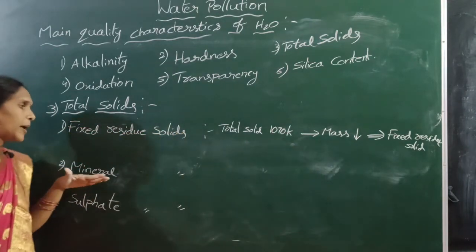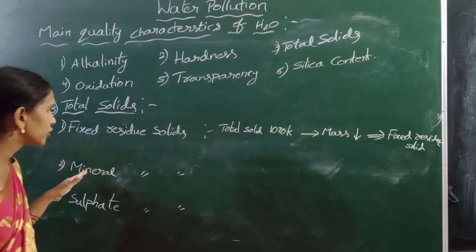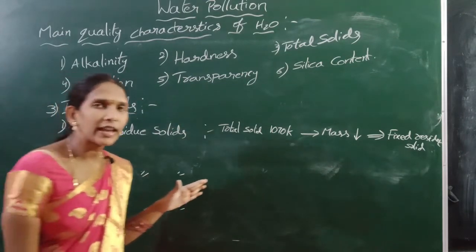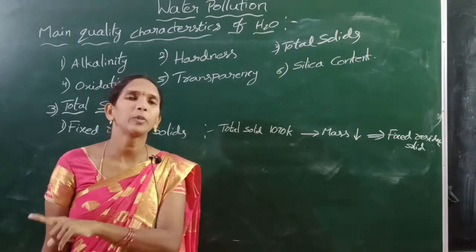The next one is mineral residue solids. Mineral residue solids means the number of cations and anions. Cation means positive and anion means negative charge.